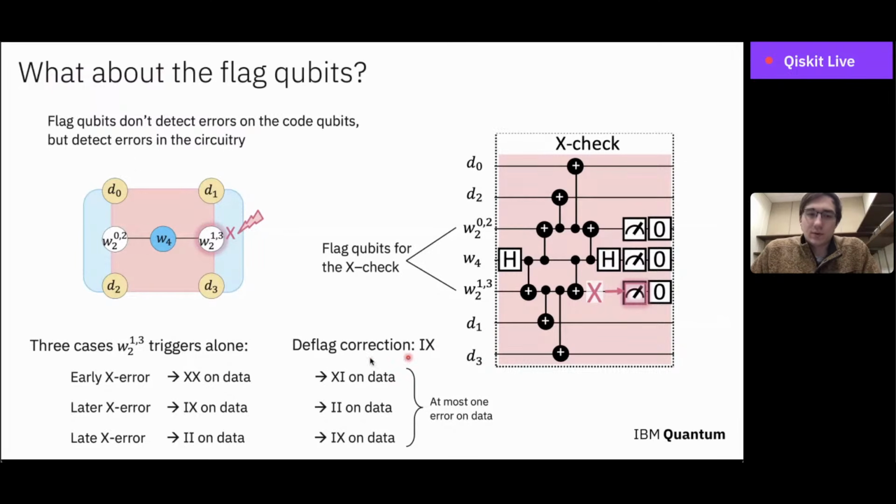What this succeeds in doing is it transforms these errors that could occur on the data into these errors instead. And the important thing about these errors is that there's at most 1 error left on the data. So essentially, if there's 1 error in the circuit, it propagates to at most 1 error on the data. This satisfies some definition of fault tolerance, where this error on the data can then get corrected in later rounds, or at least detected in this case.